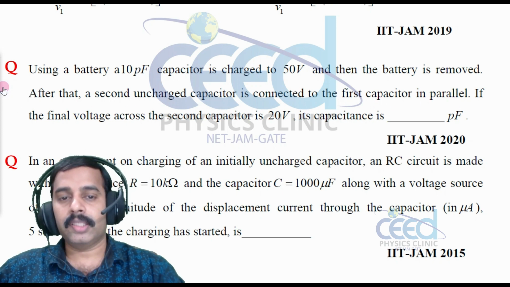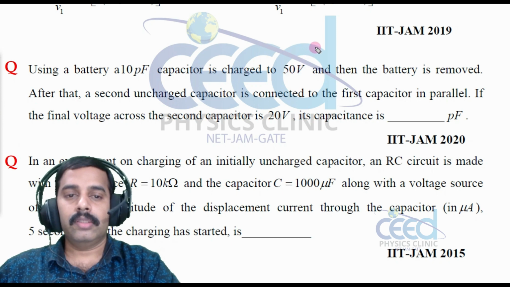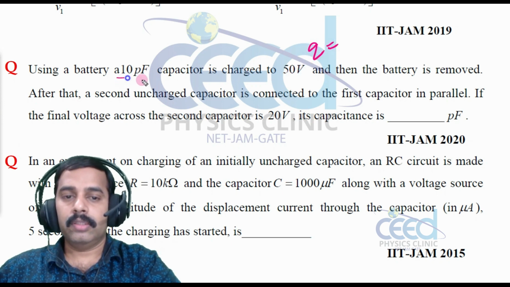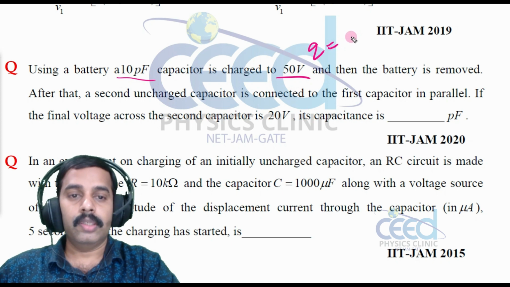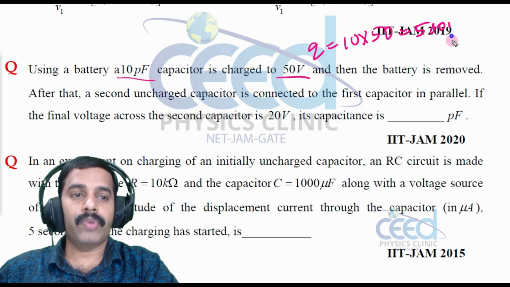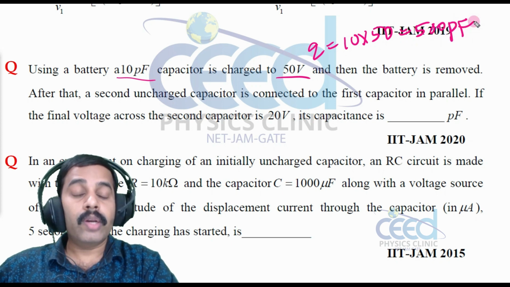Suppose you are charging. What is the charge? Q is equal to CV. That means you are charging to 50 volt. That is 10 into 50, that is 500 picocoulomb.